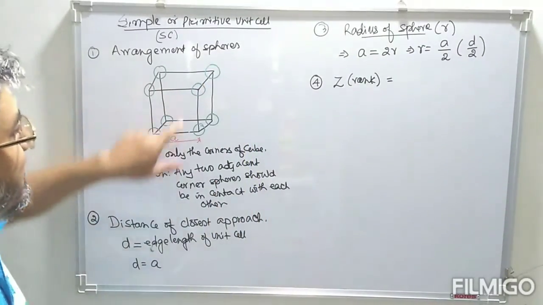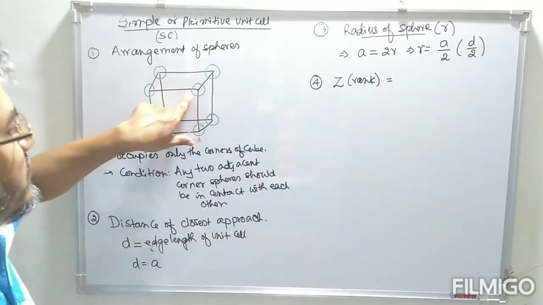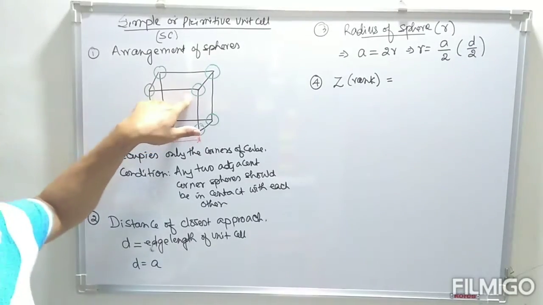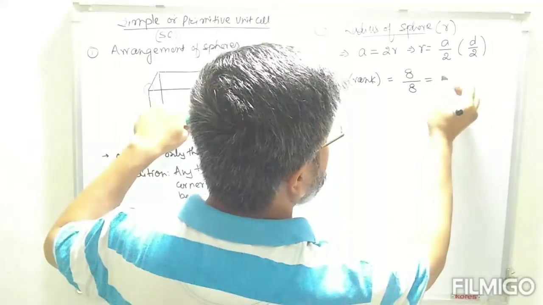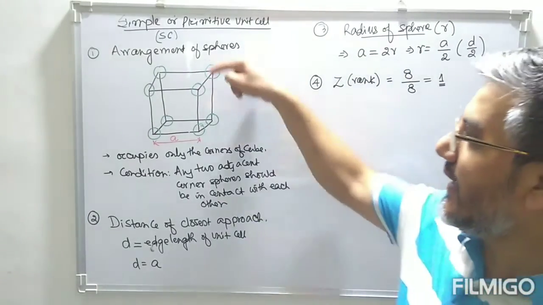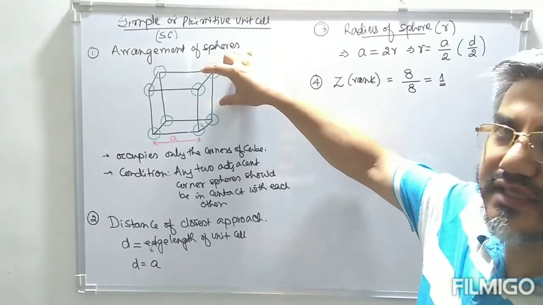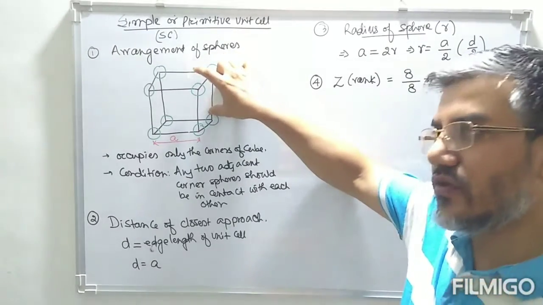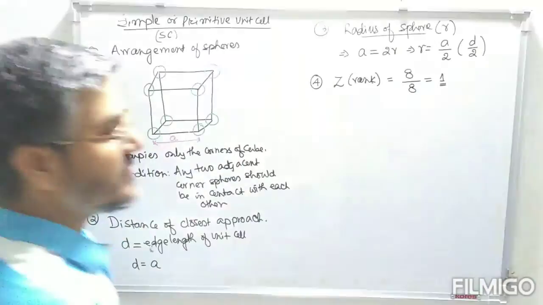That means each corner is equally shared by 8 unit cells. So the contribution of each corner is 1/8. The number of corner atoms is 8, and the contribution of each corner atom is 1/8. So effectively, only one sphere is present per unit cell. Though we require 8 spheres to construct a simple or primitive unit cell, effectively only one sphere is present per unit cell. That is what we call Z effective.